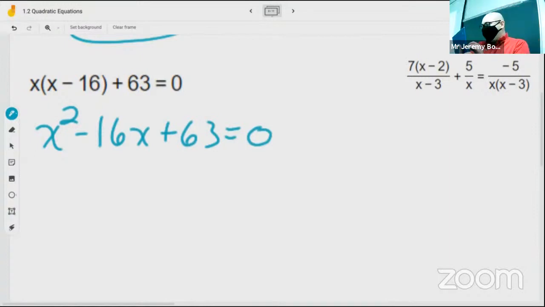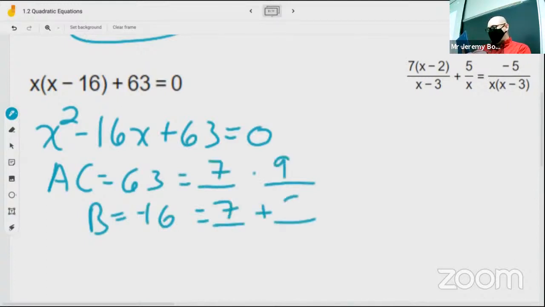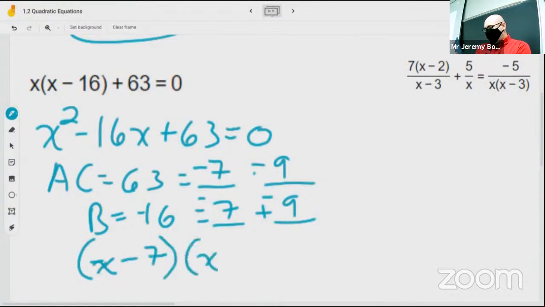We could try to factor that. AC is 63, while B is negative 16. So what multiplies to be 63 and adds to be 16? 7 and 9, but they both need to be negative, right? And so this is going to factor to be x minus 7 and x minus 9.